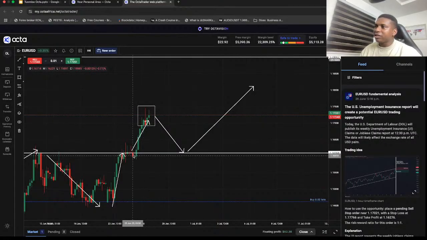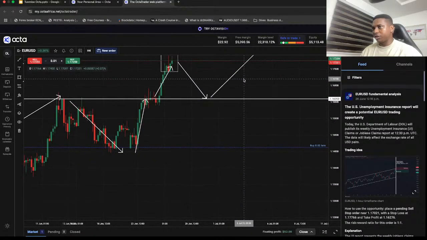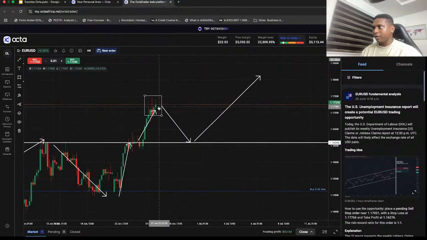So if you are not yet in a buy position, then you want to watch it. Okay, so for myself here, I have an open buy trade that has gone up.